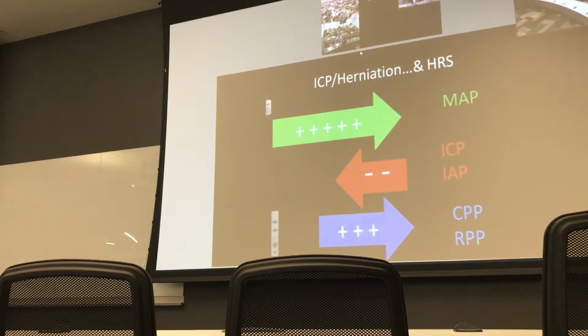So we are going to be reducing their ICP by all means necessary with Triple H therapy, etc. But we also want to make sure we're perfusing the brain. If their ICP is 39 and our goal cerebral perfusion pressure is 60, then we should target a MAP of about 100 in this patient.